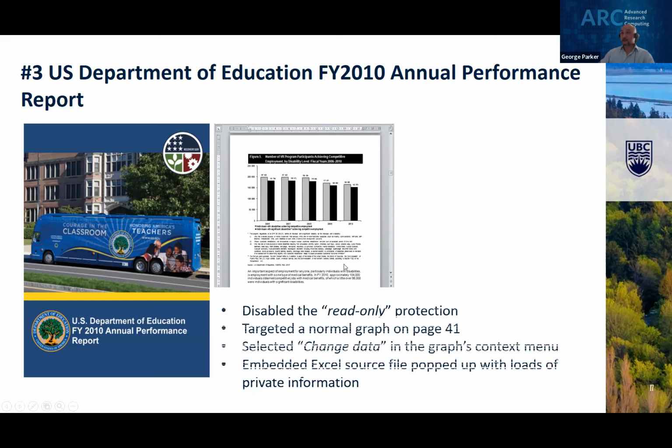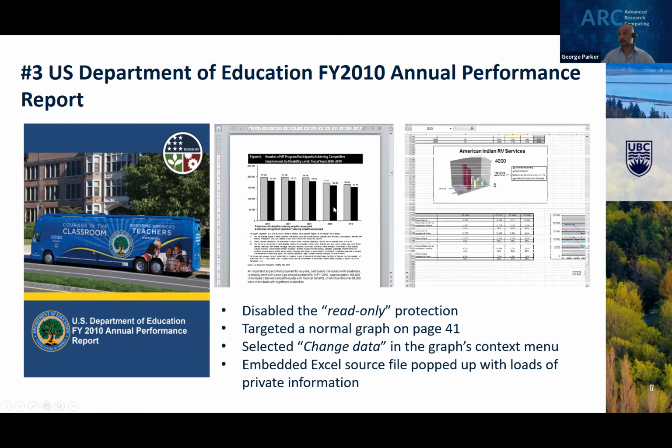So someone went to this .gov website, downloaded this report, disabled this read-only protection, which was surprisingly not password protected, and went on page 41, this one, targeted this graph, which looked normal, and then that person selected change data in the graph's context menu.